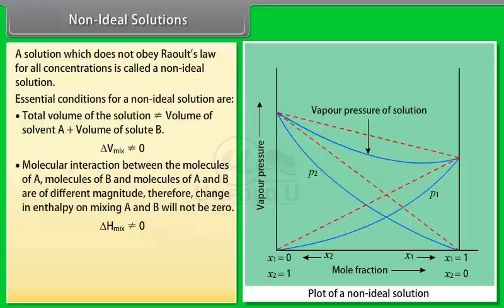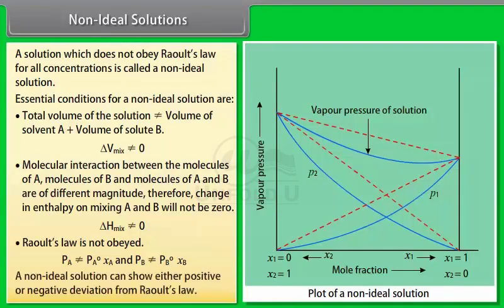Therefore, change in enthalpy on mixing A and B will not be zero. Raoult's law is not obeyed.